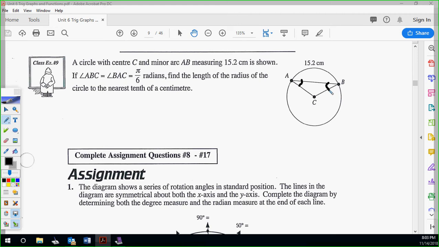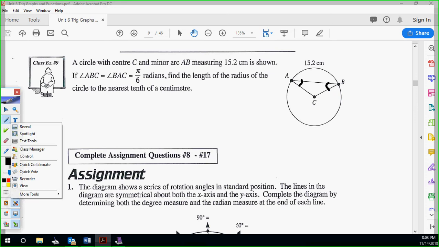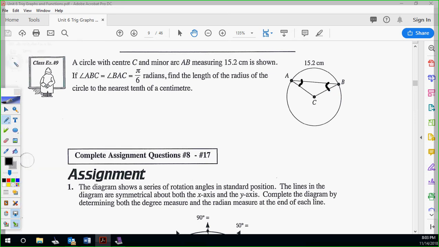Okay, so one thing we have to know for this example is that we have a triangle in there. To explain in radians, I'm going to explain degrees first. We know that angles A plus B plus C all add up to 180. It's a triangle.